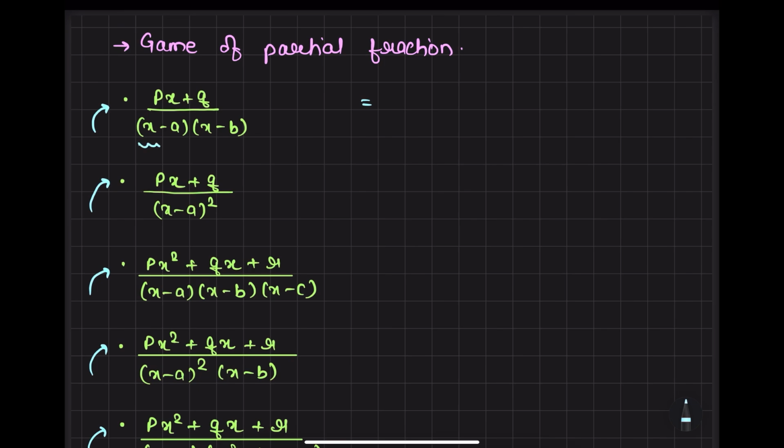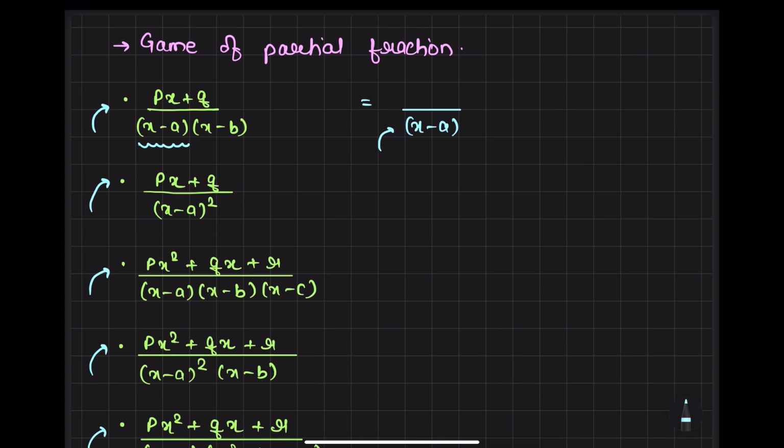The first component has x minus a, so you will write x minus a. Now observe the power of x minus a. The power of x minus a is 1, so you will write x minus a from power 1 to power 1. So this is the first component.